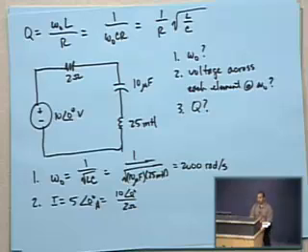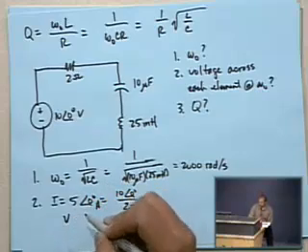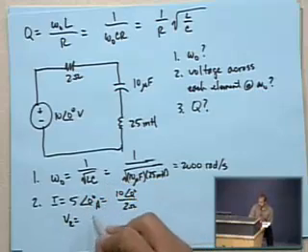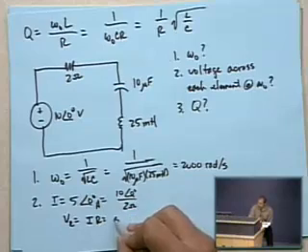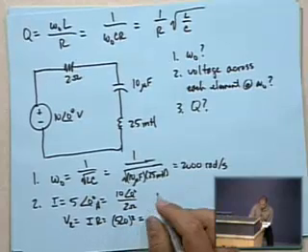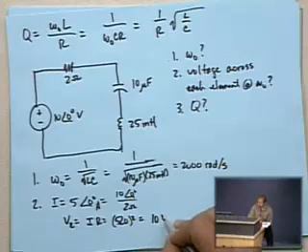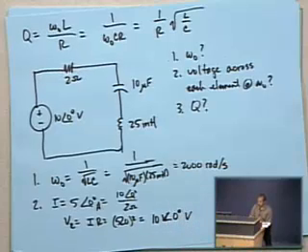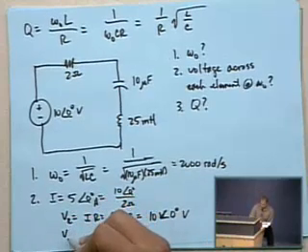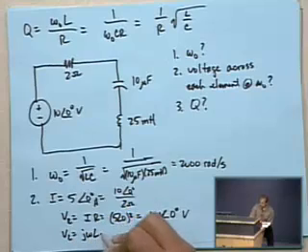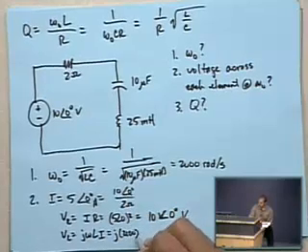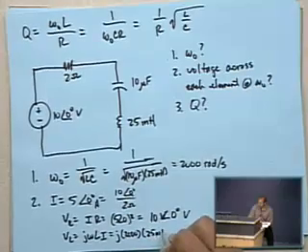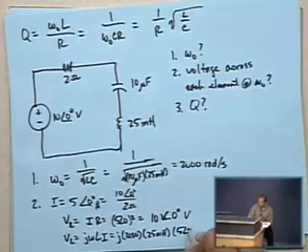And if we want to know what the voltage across each one of these elements is, the voltage across the resistor is just V equals IR. So I times R equals 5 at an angle of 0 times 2. So we've got 10 volts. Well, 10 at an angle of 0 volts. If we go way back a few chapters, we find that the voltage across the inductor is J omega L times I. So we have J times 2,000 times 25 millihenries times 5 at an angle of 0 degrees.